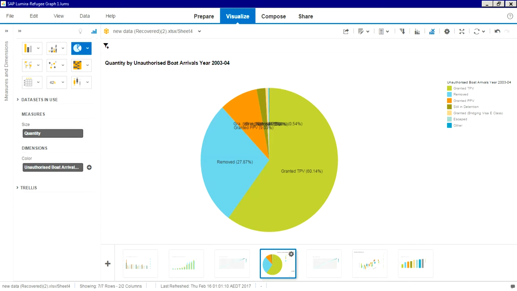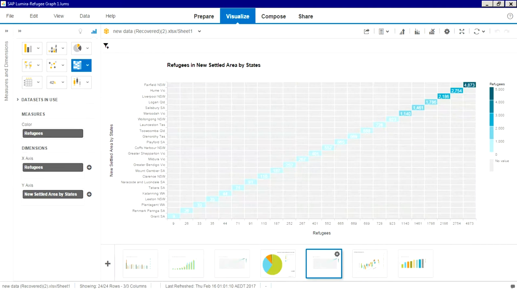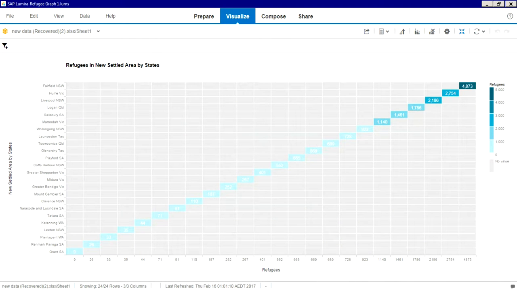Now I will explain one more graph, related to refugees resettled in different areas of Australia. Fairfield is the area which has resettled the most refugees, 4,873. Another important area is Hume, Victoria, where 2,754 refugees settled.